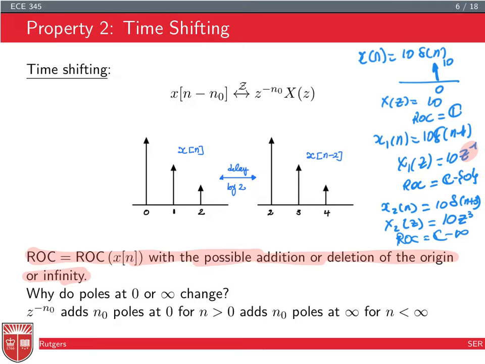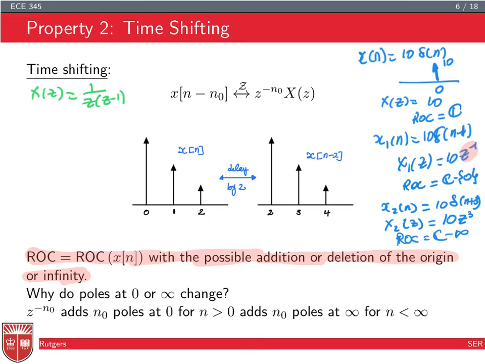Let me give you a little bit more interesting example. Let's say x of z here in green is equal to 1 divided by z times z plus 1. You can see that you have two poles, one at 0 and one at minus 1.